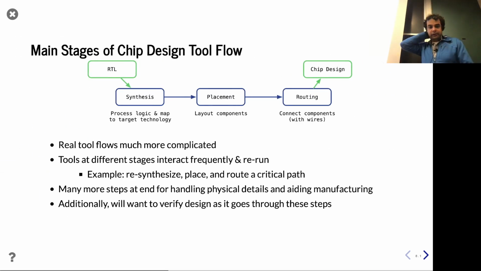Cool. So between this talk and some other talks, you may have heard me mentioning a few different aspects of chip design. This is a one-slide summary of what a typical tool flow might look like. It's usually much more complicated, but at a high level, the main things that need to happen is somebody takes your RTL, let's say it's Verilog, maybe it came out from your Chisel, and your chip design comes out the other end. So what are the main things that need to happen?